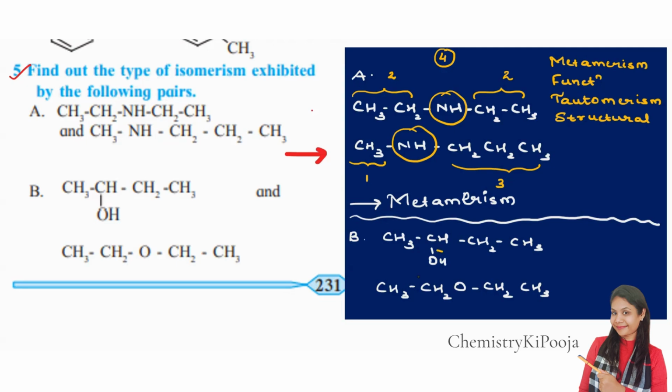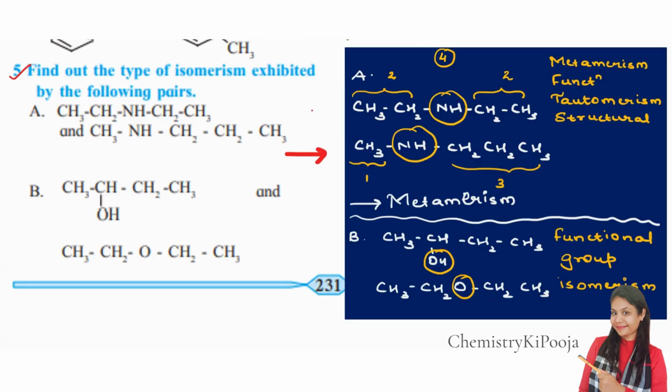Which is the functional group present in this case? It is OH, and here it is ether. Okay, so one is alcohol, the other one is ether, and the total number of carbon atoms in both the cases is 4. Oxygen is 1, and of course hydrogen is also the same, right? So this is the type of functional group isomer. Okay, so functional group isomerism is shown by both the structures.